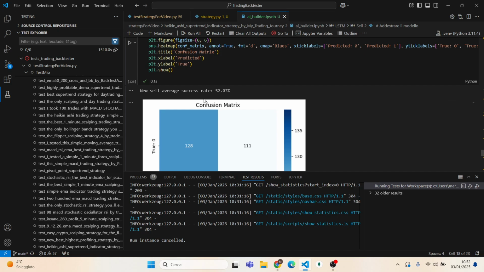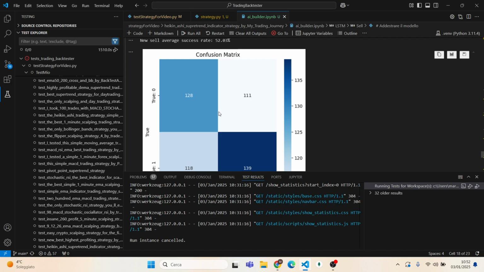Many of you may think that these average success rates are not too high, and in reality they are not so high, but as long as you are profitable and your confidence interval is telling you that you will be profitable, you are pretty sure that you will make profits unless you have errors or you make some mistakes somewhere.